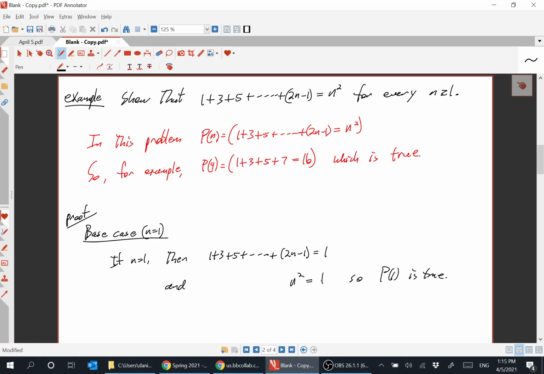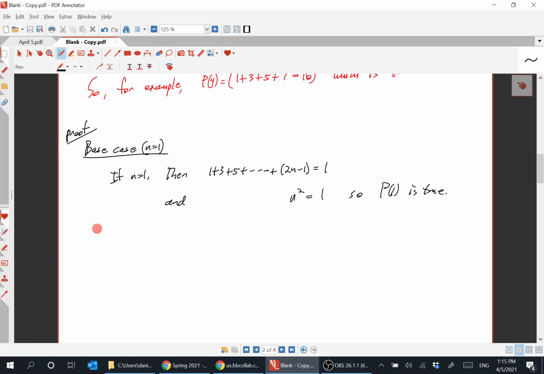Usually the base case is easy. Usually. Sometimes the base case is everything. Inductive step. Okay, so here we want to show that Pn implies Pn plus 1.